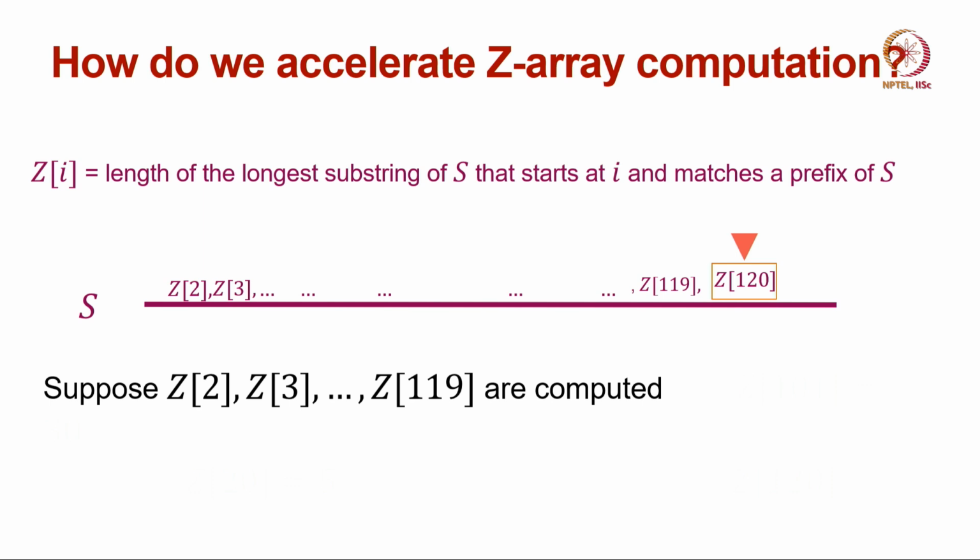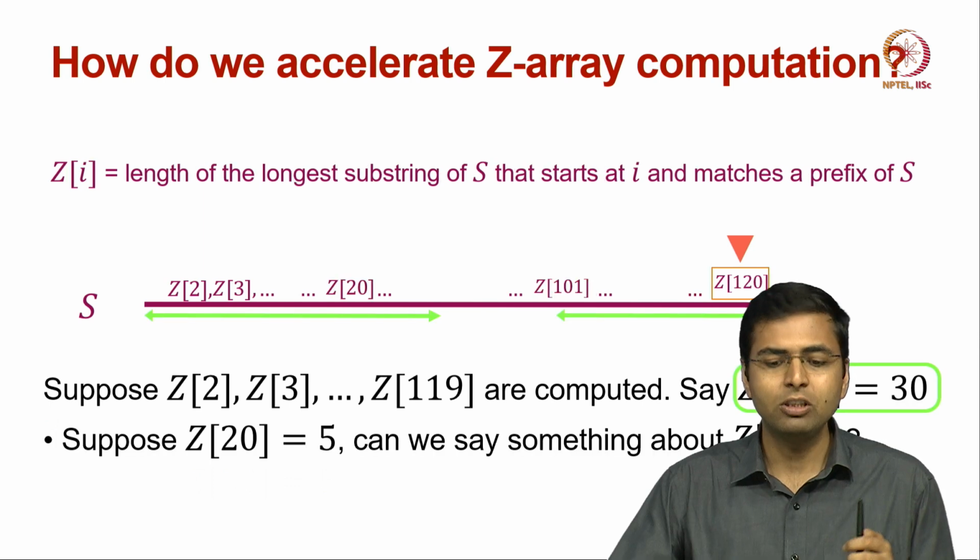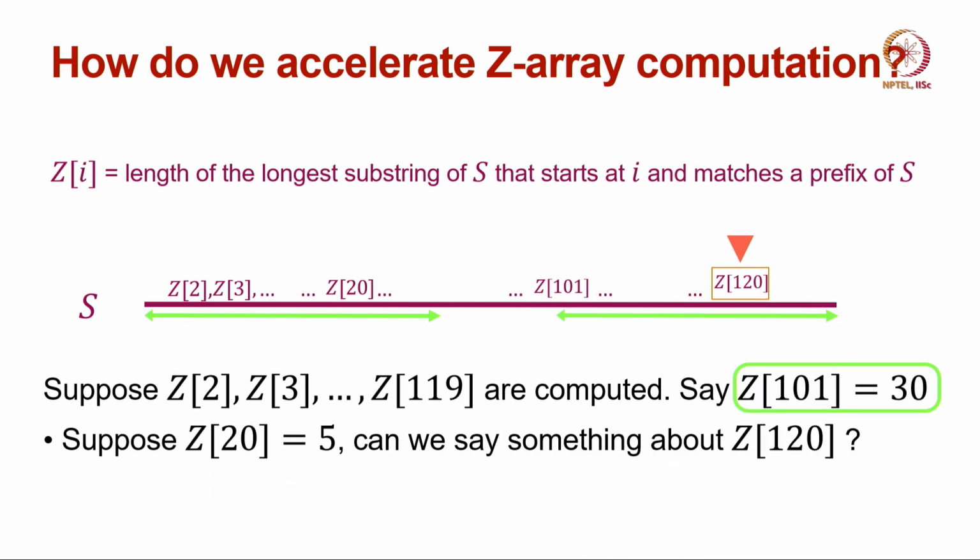Let me give you one example to see how these previous values may help. Suppose Z101 is equal to 30, meaning that the longest substring that starts at position 101 and matches the prefix of S, as highlighted in green, has length 30.